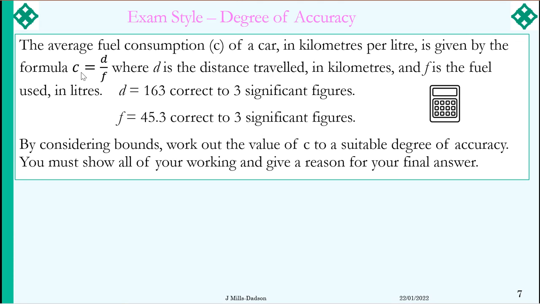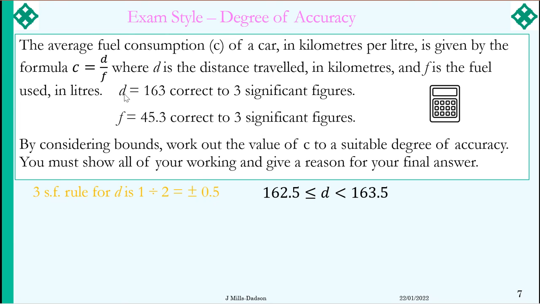So here, we are supposed to work out the consumption. And the consumption formula is D over F, where D is the distance and F is the fuel. Now, each measurement is correct to say 3 significant figures, but they are different values. So you start with the 3SF rule for D. 3 is unit, so it's 1 divided by 2. So that's our rule.